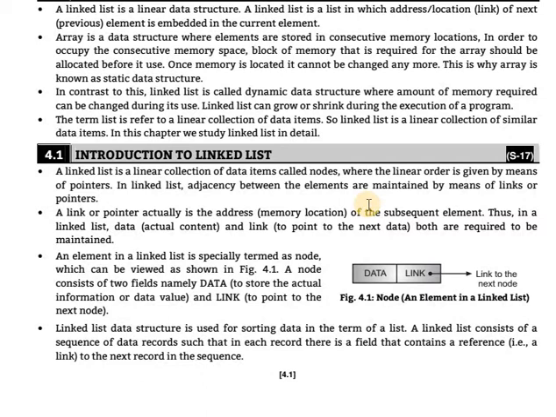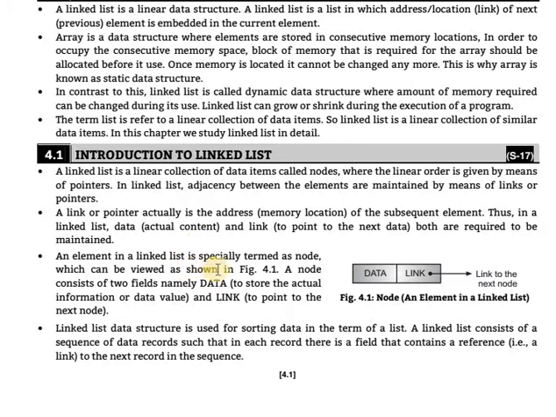That is a link or pointer, also known as a link, pointer or address. Actually it is the address, the memory location, of the subsequent element, which was already mentioned in a previous lecture. Thus, in a linked list, data means the actual content, and link means the pointer to the next data. Both are required to be maintained.